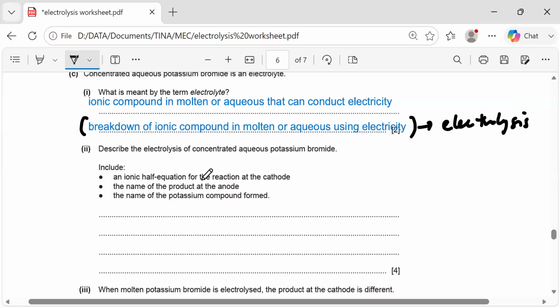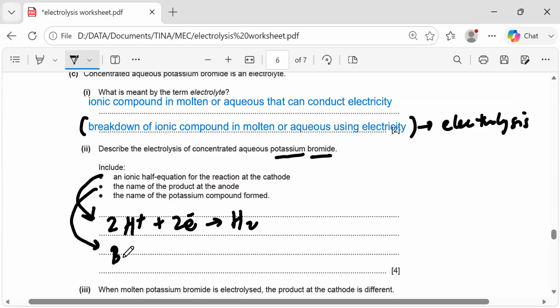Describe the equation if concentrated aqueous potassium bromide. Half equation at the cathode will be hydrogen. Right? Name the product at the anode. Bromine. Okay? Because it's potassium bromide in water.